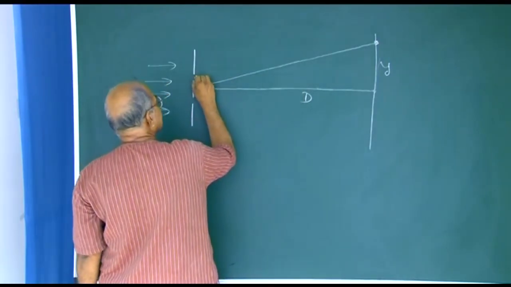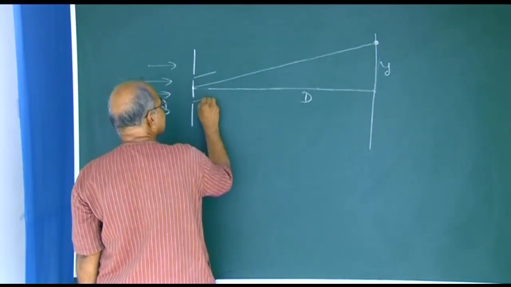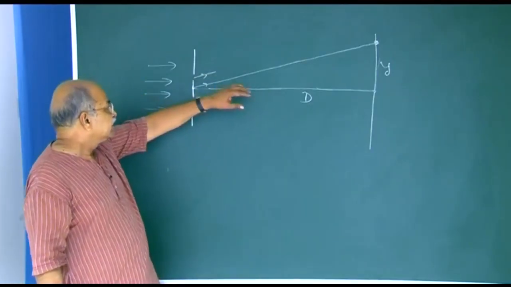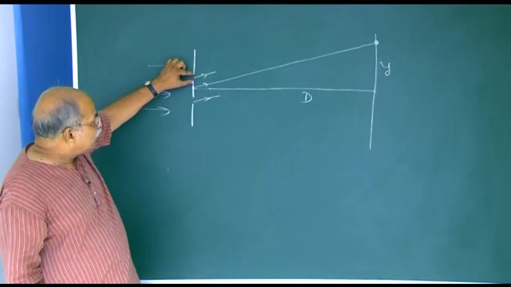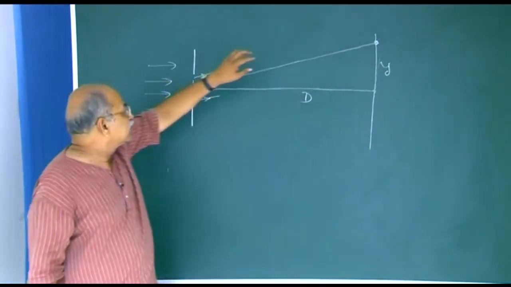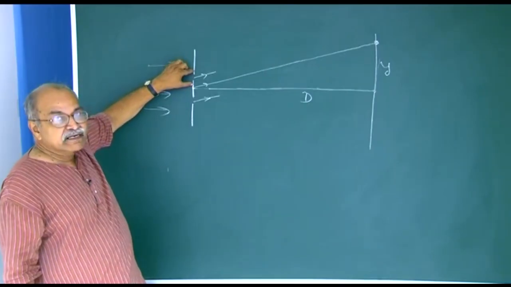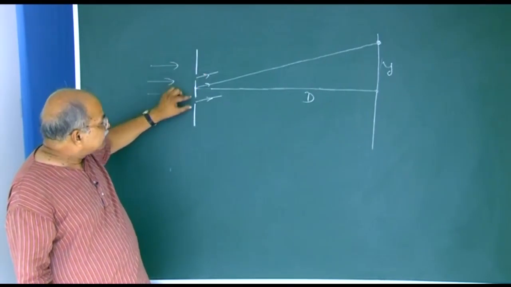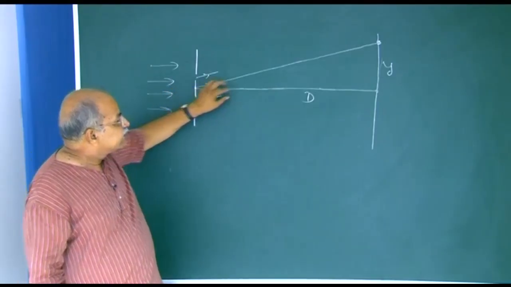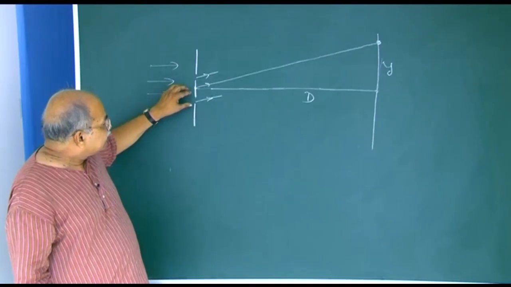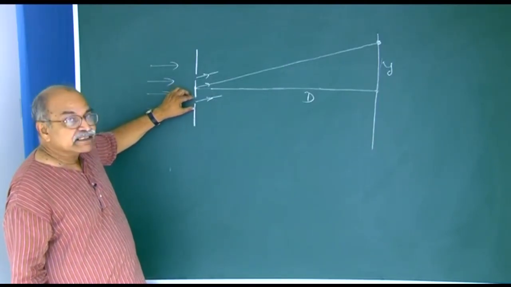So from here light is going, from here light is going and reaching there. So from this slit, how much light is reaching here? That will be governed by the diffraction pattern created by this slit. And similarly, from the other slit, how much light is reaching this point will be dependent on the diffraction pattern of this second slit.